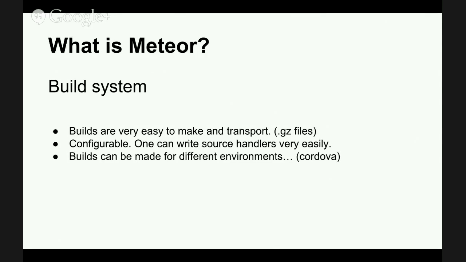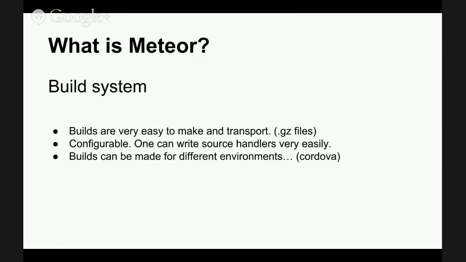And builds can also be made for different environments, Cordova being a primary example, like PhoneGap. So you could say, okay, this Meteor application is supposed to support desktop browsers and phones, and then let's just give another example, like Roku. Let's say you're writing an app for Roku.